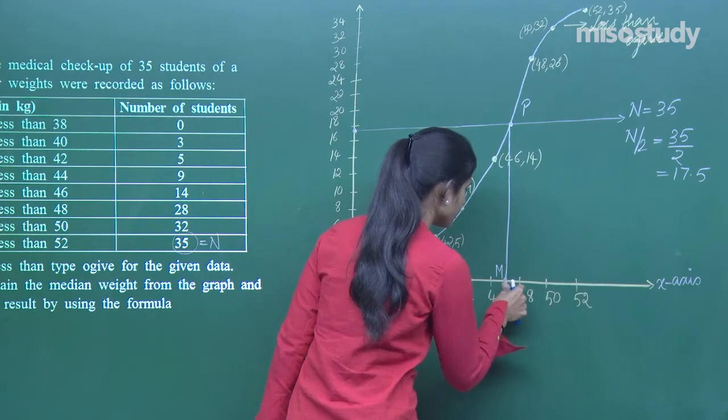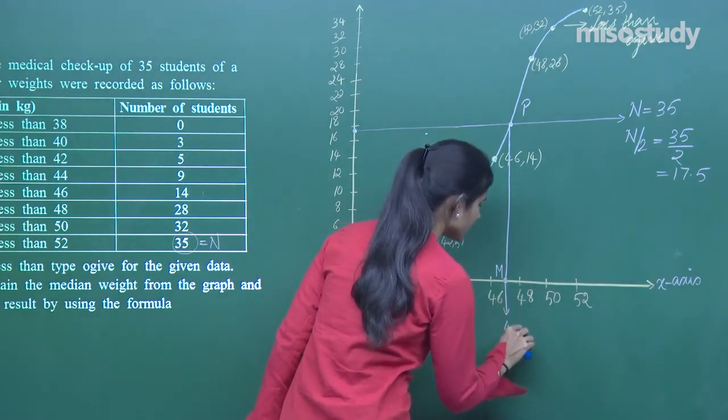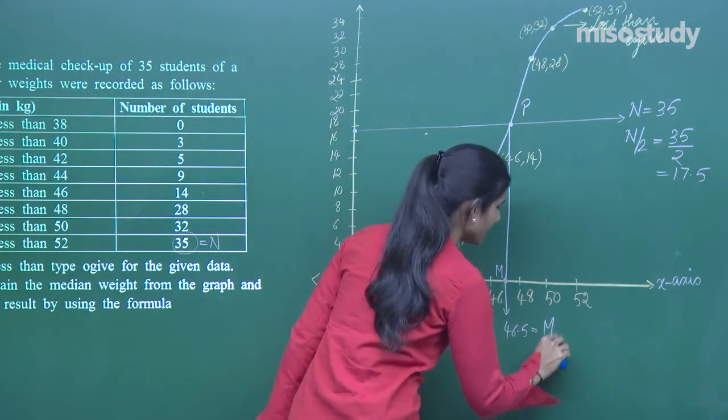What you get over here is 46.5, which you declare as the median.